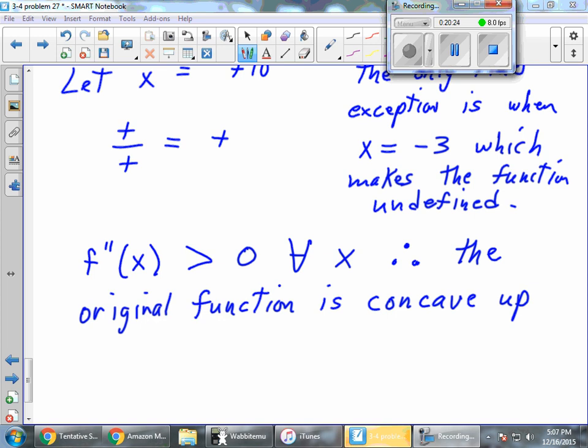What would I say? Concave up. Yeah, I'll just say concave up only. I was trying to think of a really good way to phrase that. Concave up only and has no inflection points.